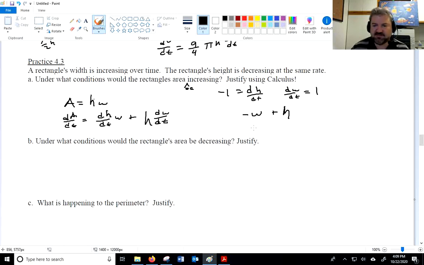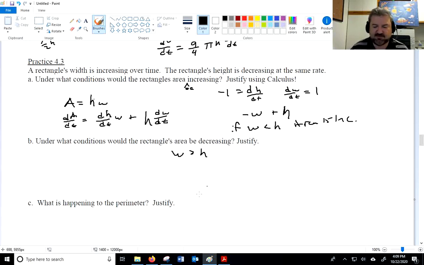So when the width is bigger than the height, we want the area to be increasing, I would say. So if the width is less than the height, area is increasing. And under what conditions is the area decreasing? Well, that would be if the width is greater than the height.